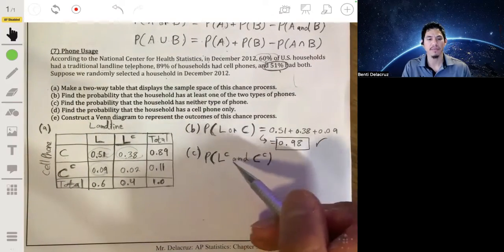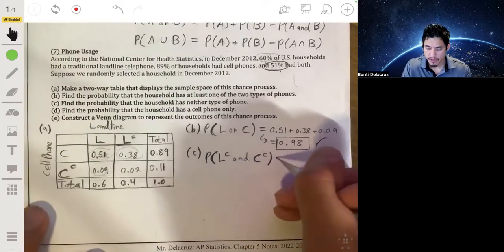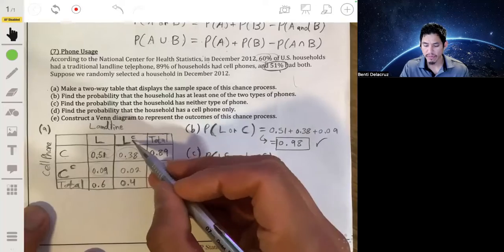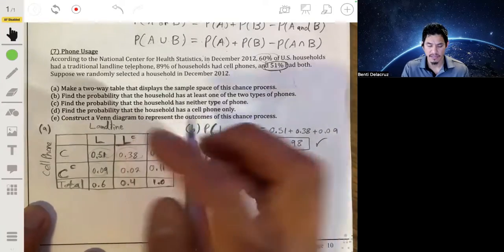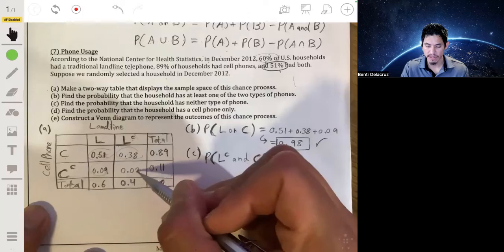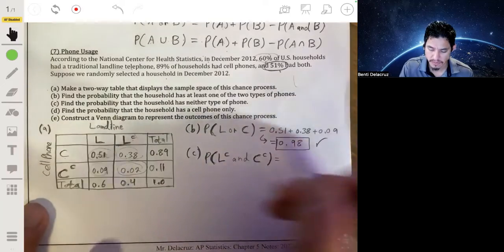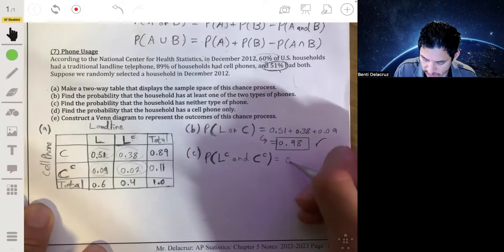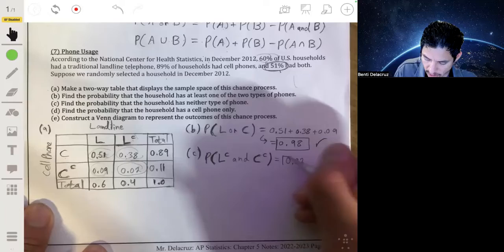The probability of L complement and C complement. So where do both L complement and C complement intersect? So here we have L complement. Here we got C complement. So it's just this 0.02. And so that's simply 0.02 or 2%.